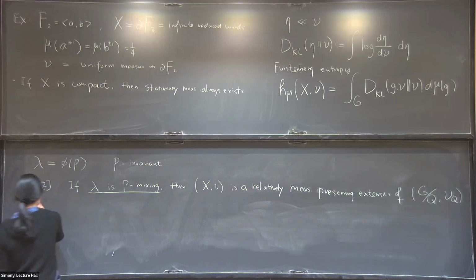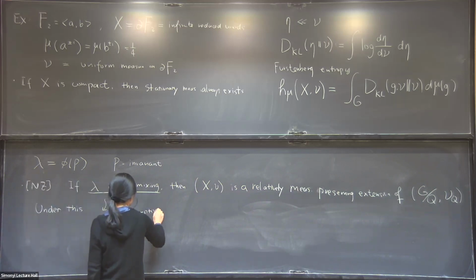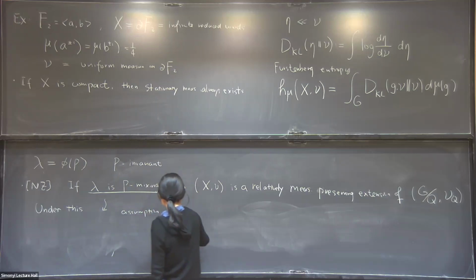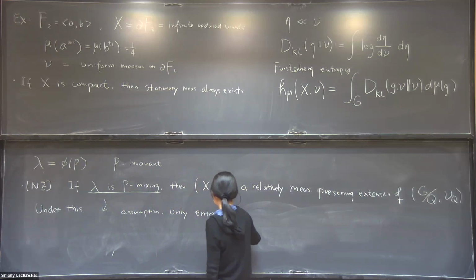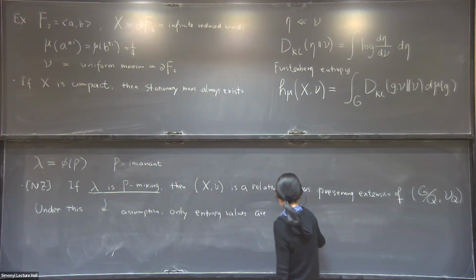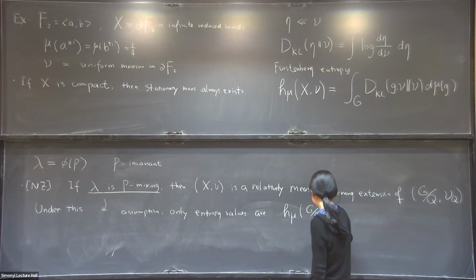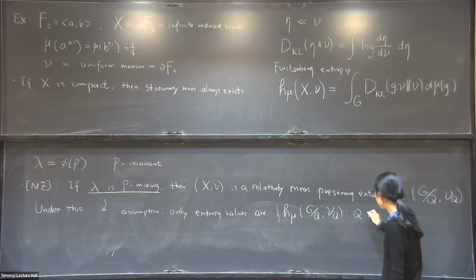So under this additional assumption, the only entropy numbers you can see are just these factors of the Poisson boundary, the ones you expect to see. In particular, it's finite. There are only 2 to the r of these.